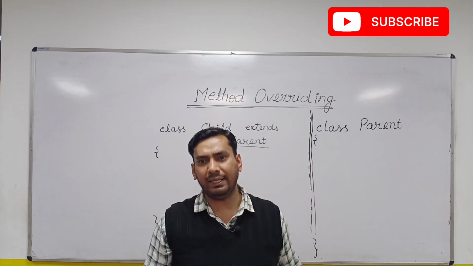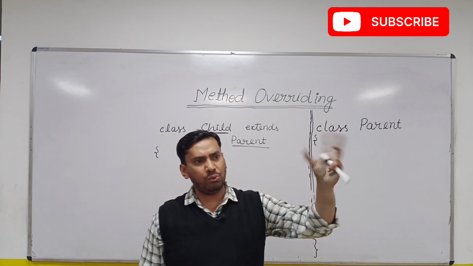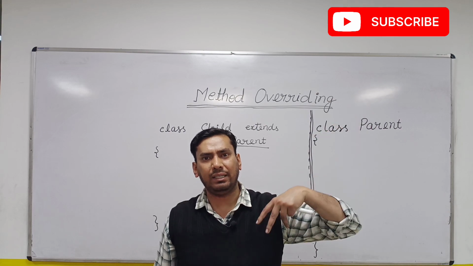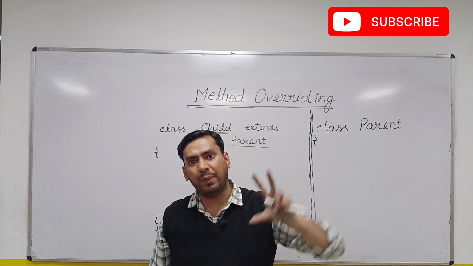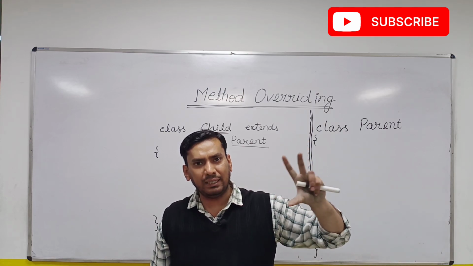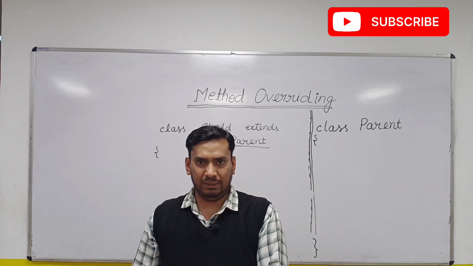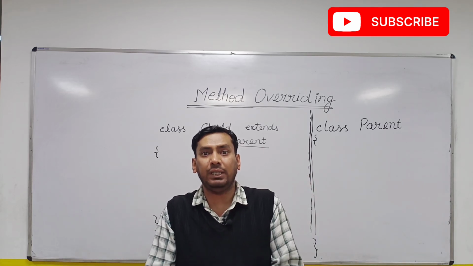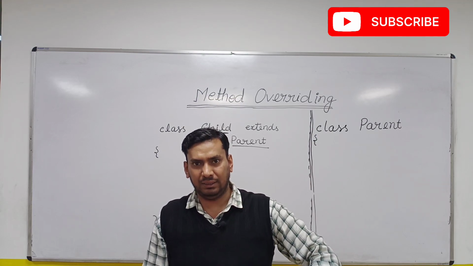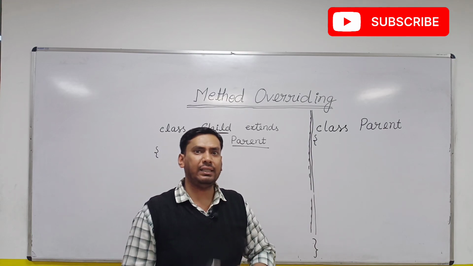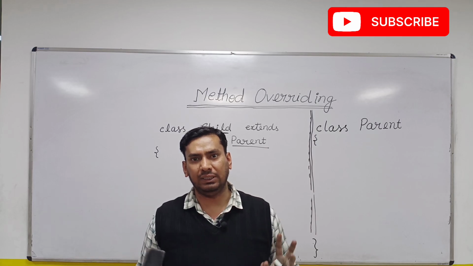When you override a method, you can understand it this way: when you inherit some parent class in the child class, the parent class is expecting that you should improve my method. Overriding means you should improve my method rather than making it worse, right? So during overriding, the expectation is that you should improve its features.